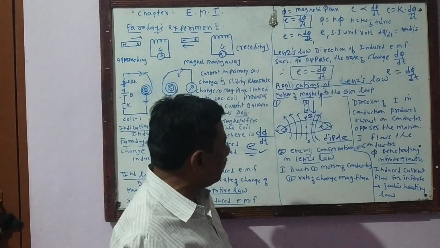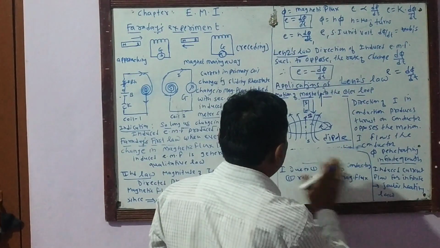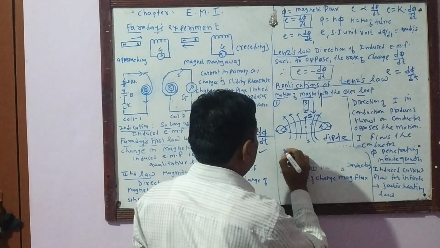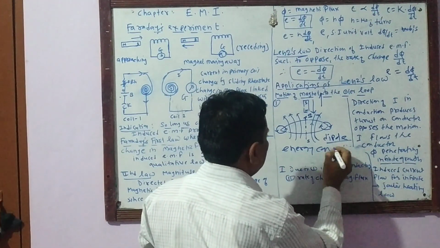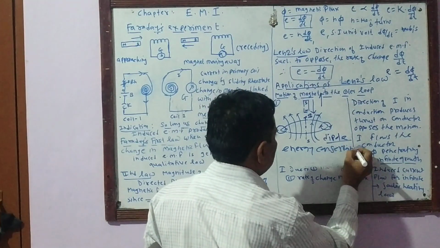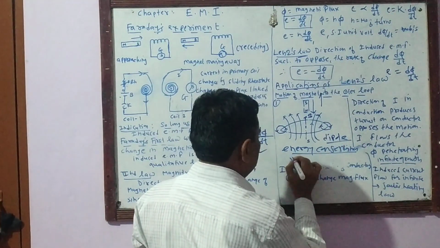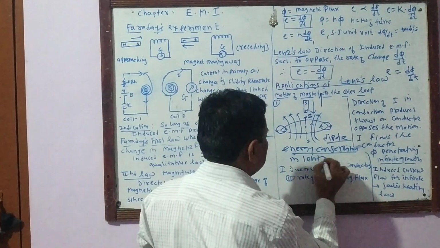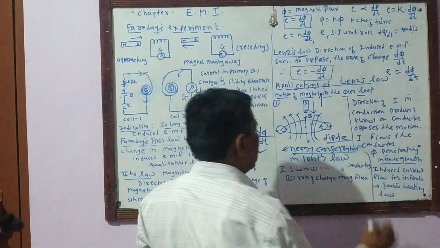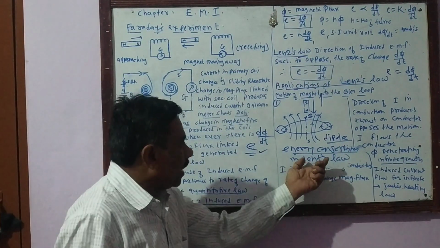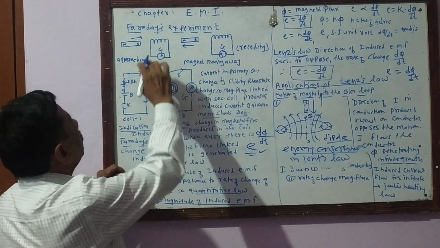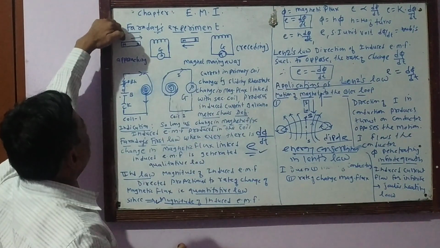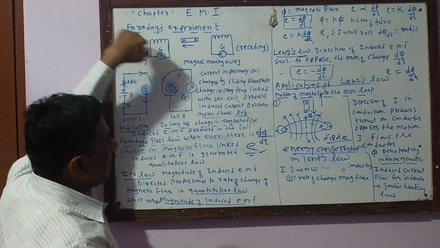Now the next concept, one of the important concepts here, is conservation of energy in Lenz's law. We know that the magnitude of induced EMF generated in the coil depends on the relative motion of the bar magnet and the coil.